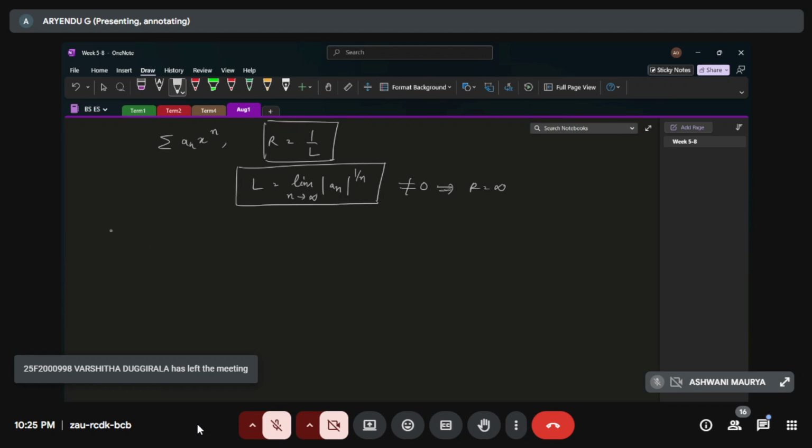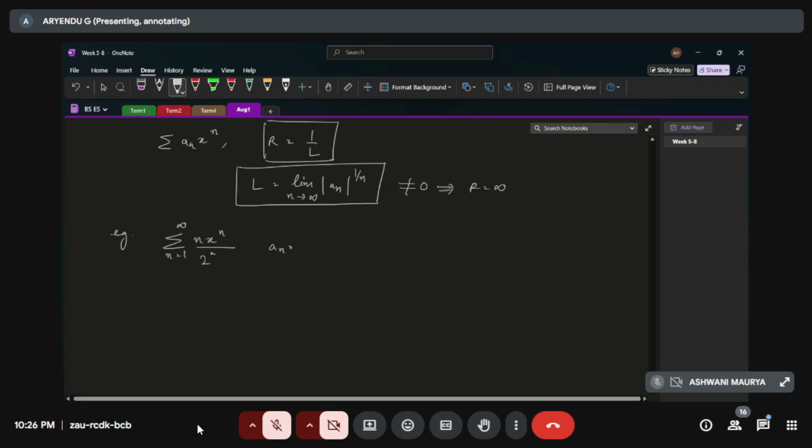And for example, if we take the question, sigma n equal to 1 to infinity of n x raised to n by 2 raised to n, I think this is also a previous question, maybe, I'm not sure. If you take that, this is also of the form a raised to n times x raised to n.